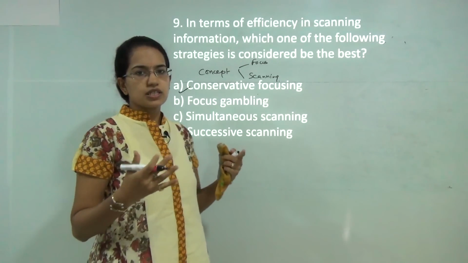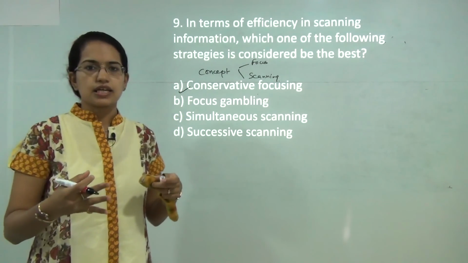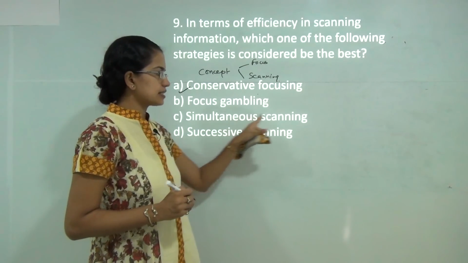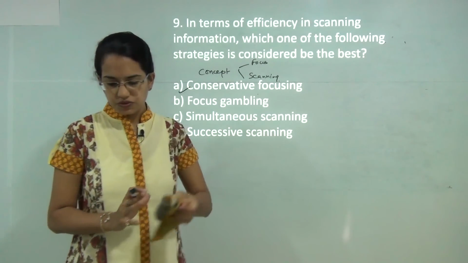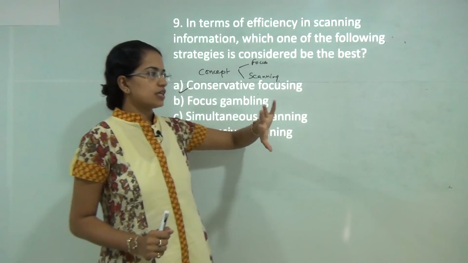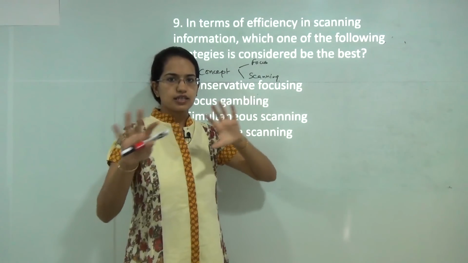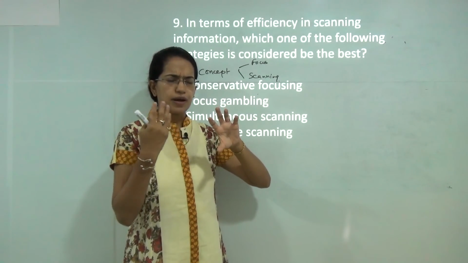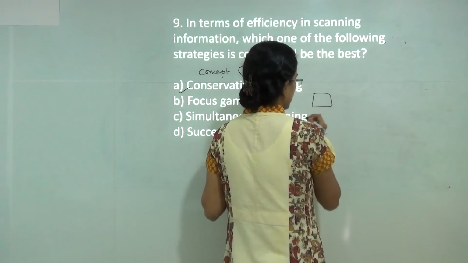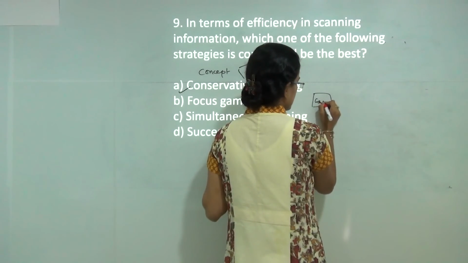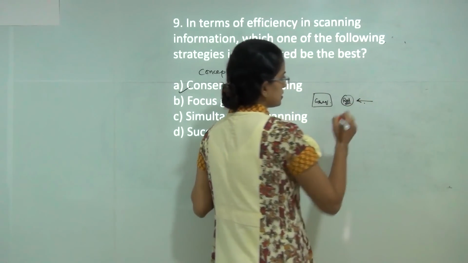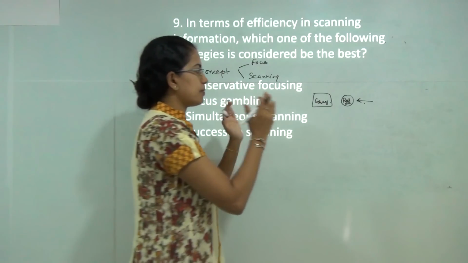Now conservative focusing is a method which requires less thinking. It is very efficient as compared to simultaneous scanning, which is another one which we consider close by. And the basic aim under conservative focusing is, if I am given certain cards and I am asked to form concepts, say there is a grey square and a red circle, and I am made to form a concept based on this, then this would be my primary focus.